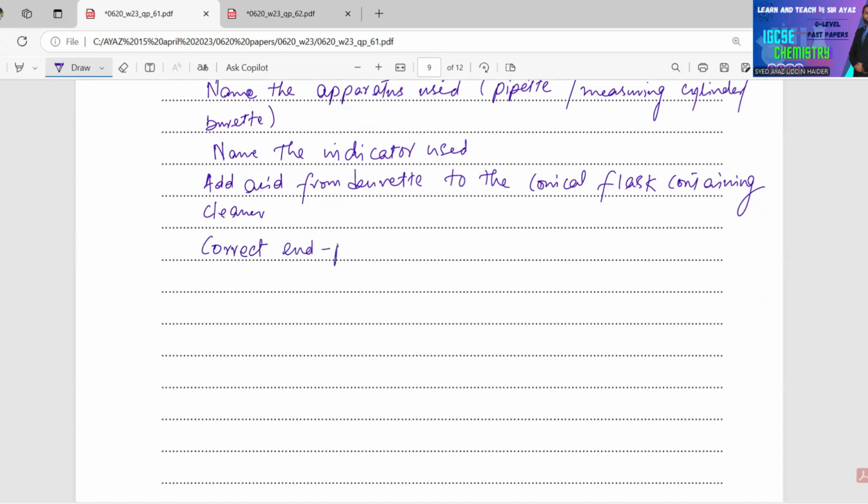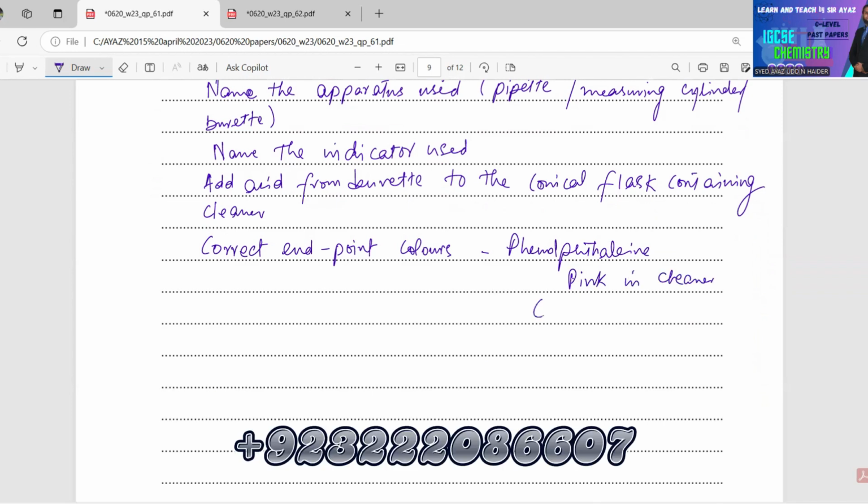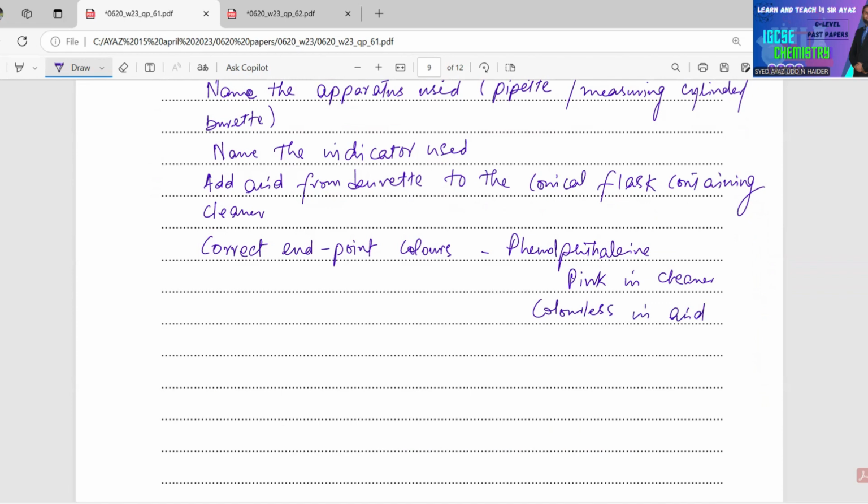For example, if you have used phenolphthalein, it must be giving pink in cleaner and colorless in acid. So you are adding acid to the cleaner, so the endpoint must be pink to colorless here. In this case, pink to colorless.